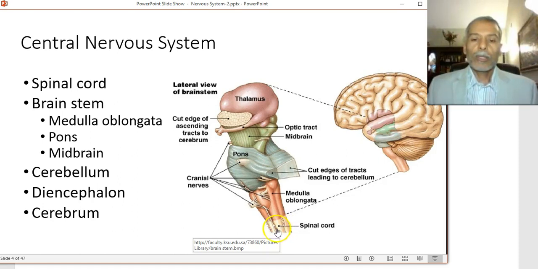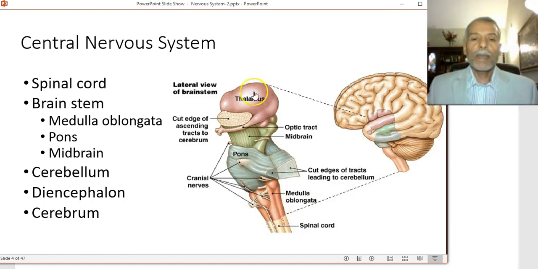The spinal cord basically goes right below the skull. Right as soon as the brainstem exits the skull, the hole in the skull, that becomes the spinal cord. And the part above the skull becomes part of the brain stem.